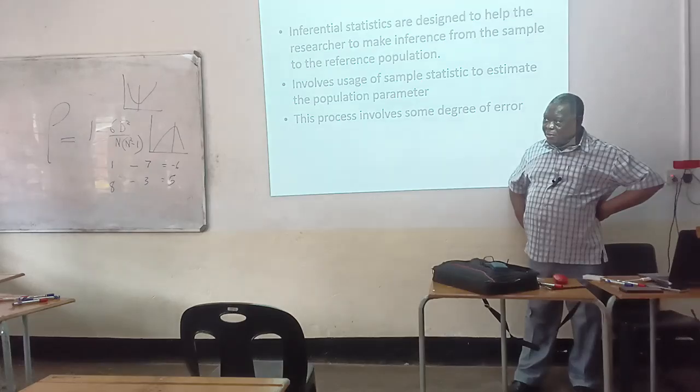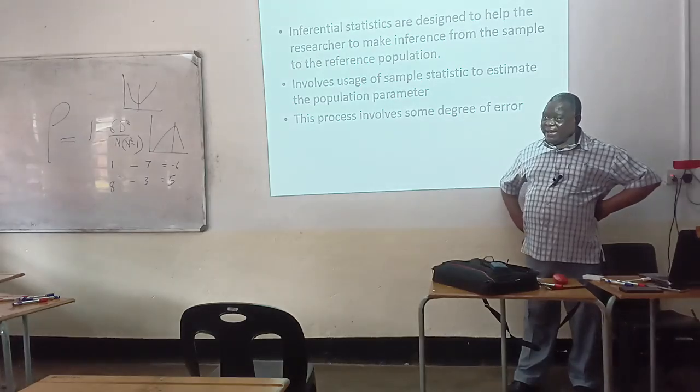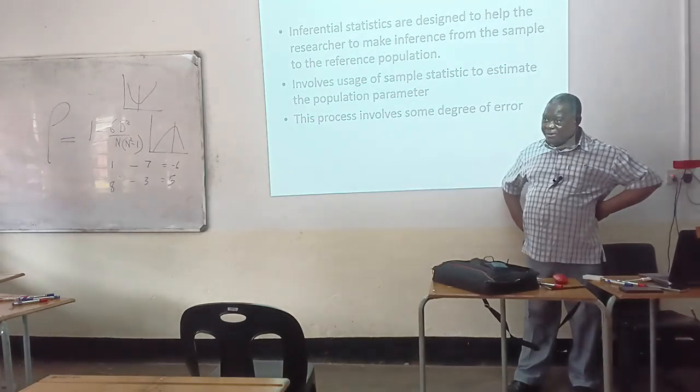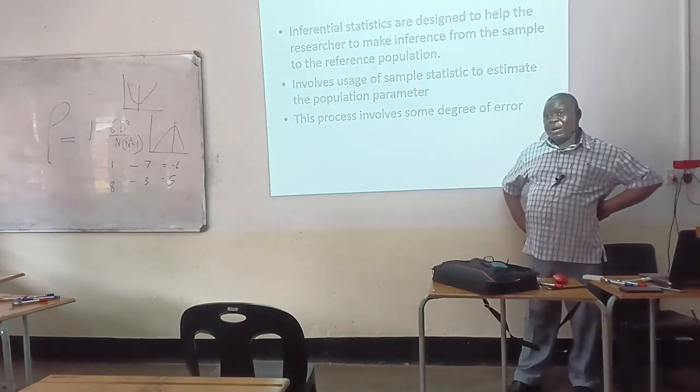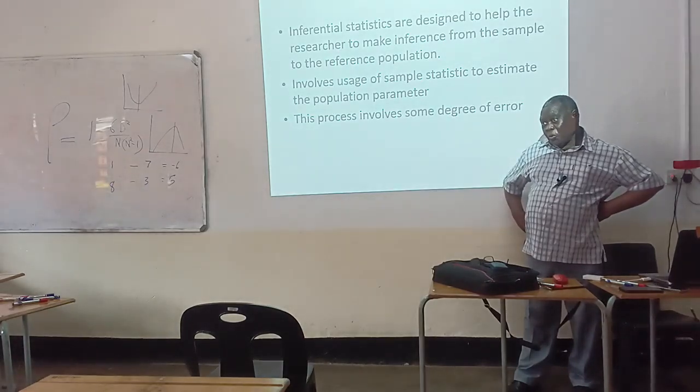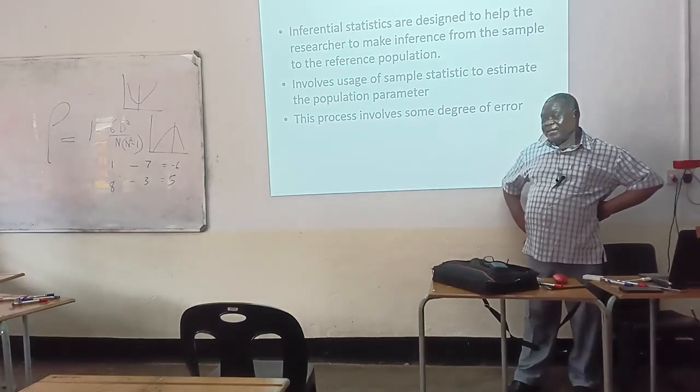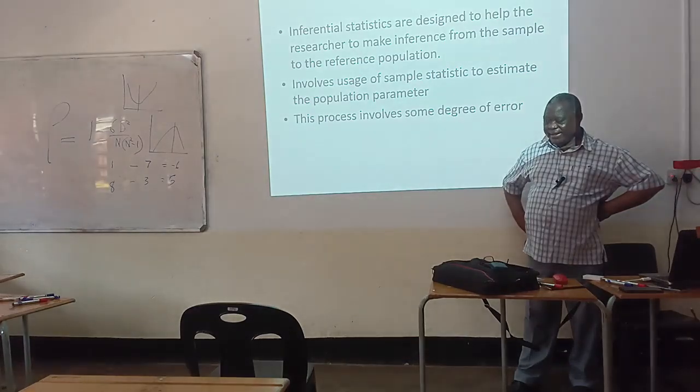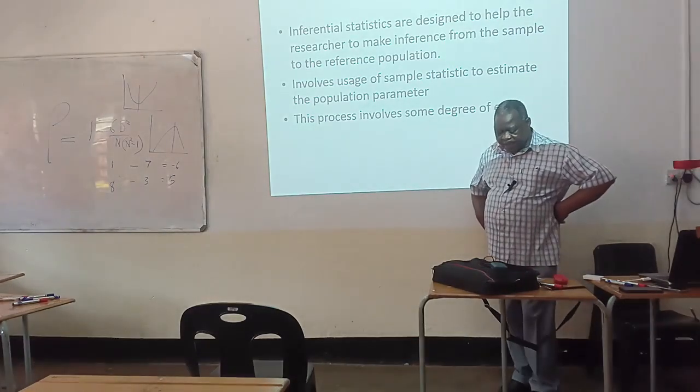You can just focus on these three to infer the results into a population. But whenever you come up with a sample, there is always some degree of error you will make from the sample.